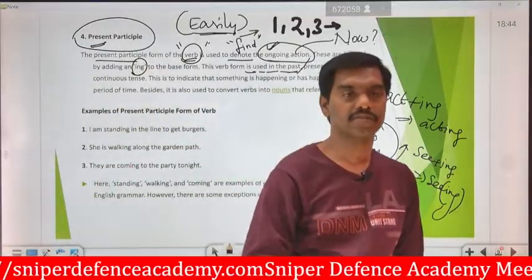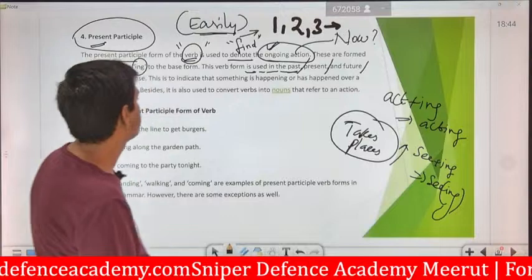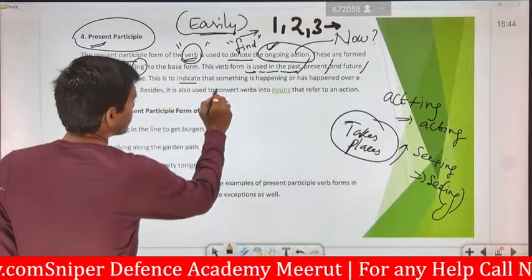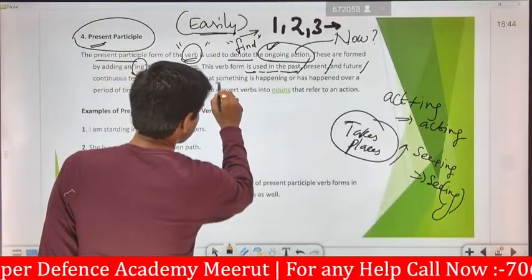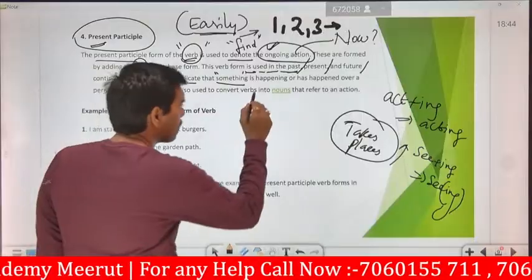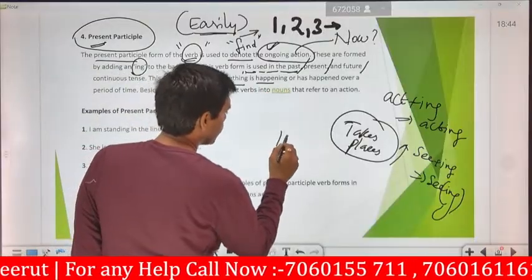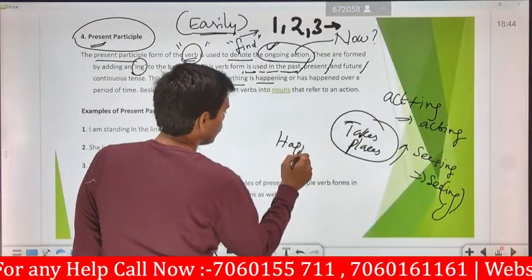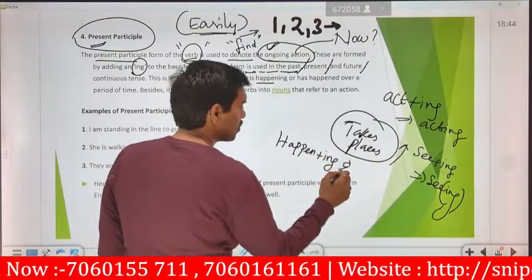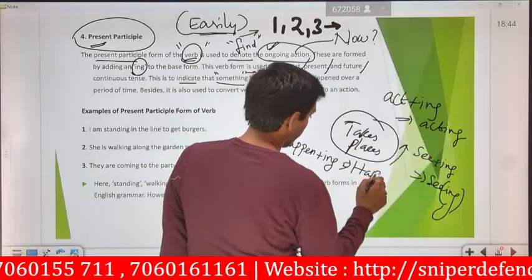What does it say? It says that it indicates that something is happening. Something means something is going on. Okay, something is happening. For example, happen plus ing gives happening.